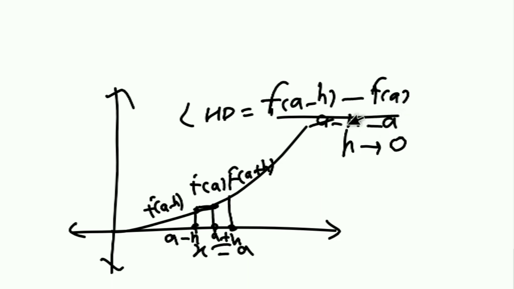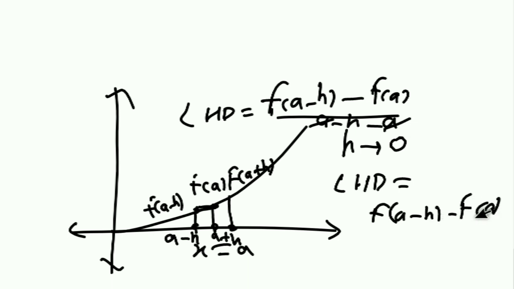So this a gets cancelled in the denominator, and you got your left hand derivative as function of a minus h minus function of a divided by minus h. So this is your left hand derivative.